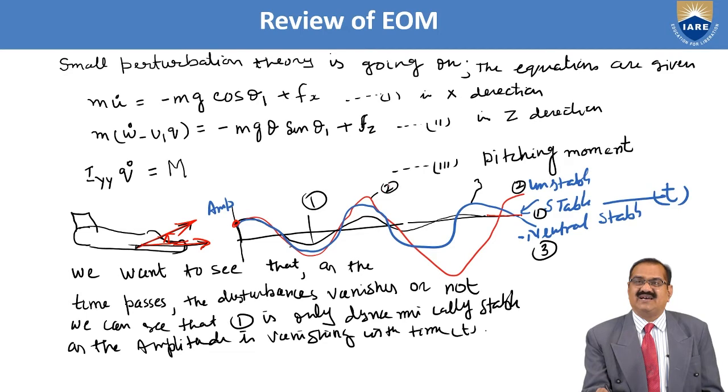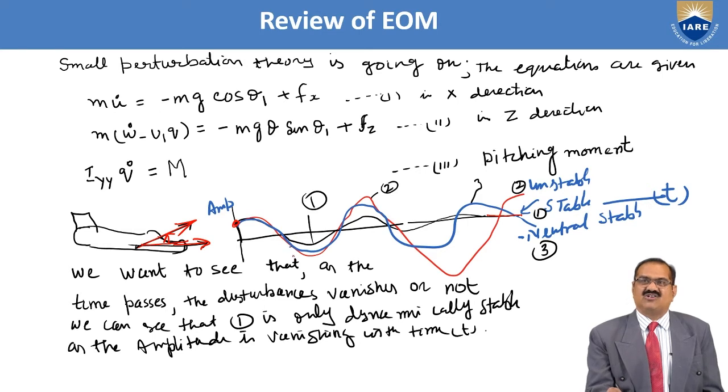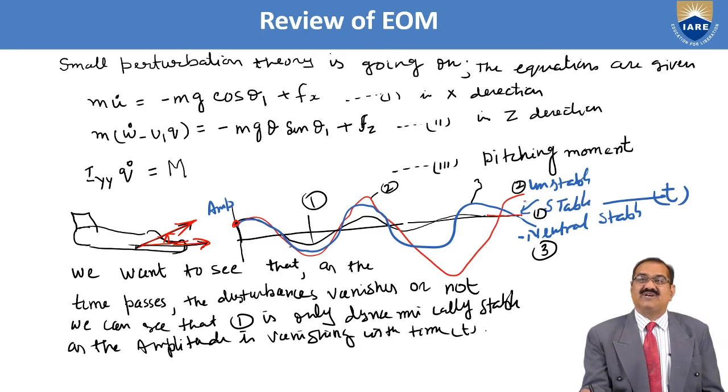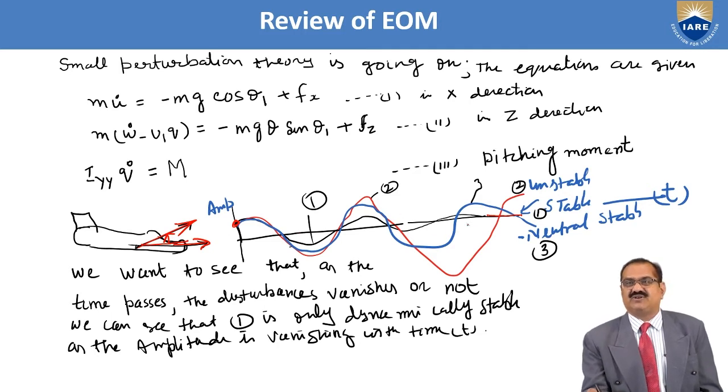If you see plot 2, which is shown in red ink, as and when we have disturbed, after disturbance the amplitude of the oscillations is increasing. For every time it keeps increasing, it is diverging, not converging. So it is unstable. And the third case, which is neither increasing nor decreasing and maintains the same amplitude, is called neutral stable.